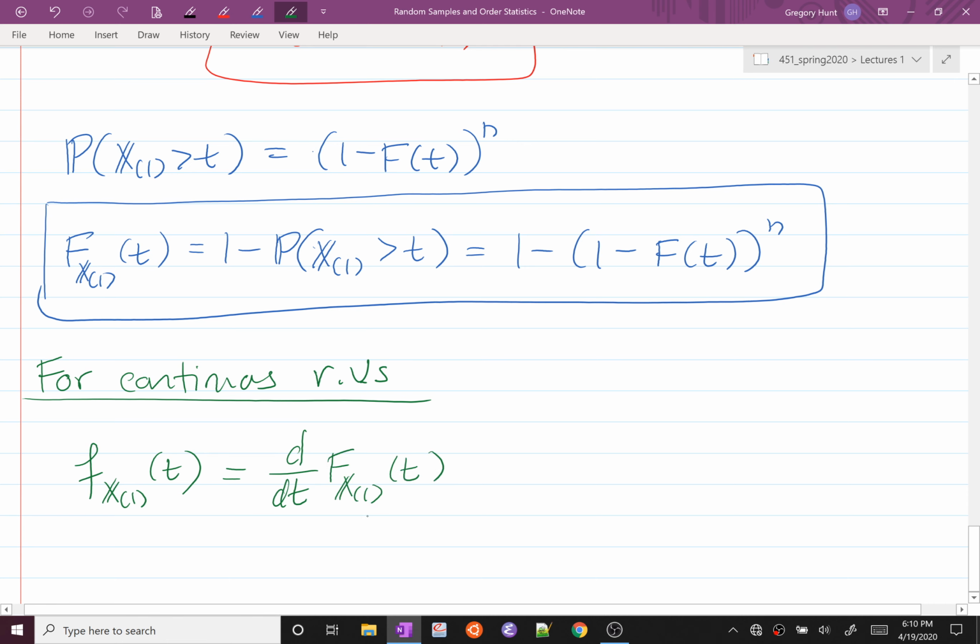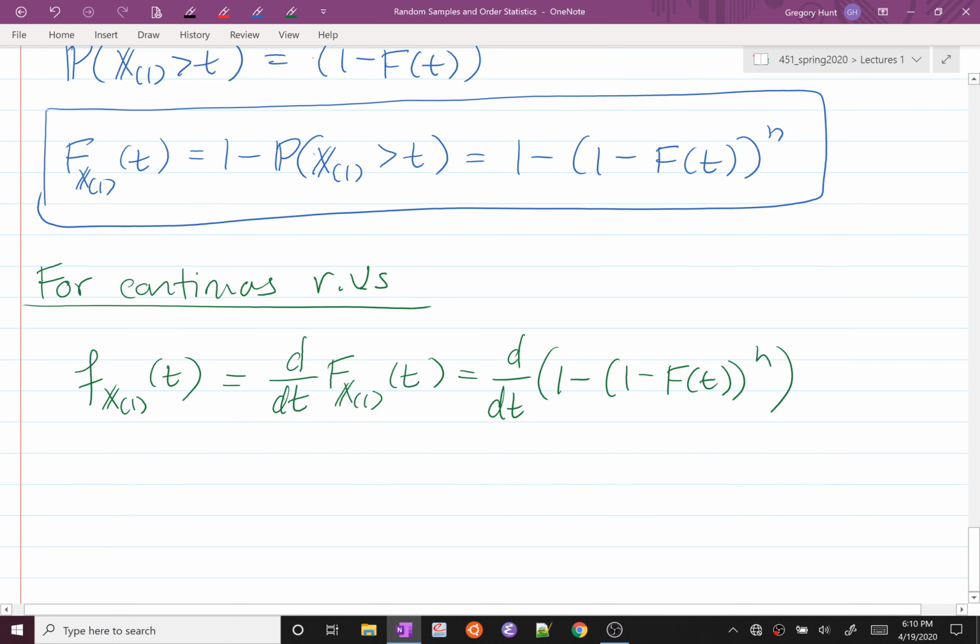That's true for univariate continuous random variables, which the minimum will be, and I have a formula for what the CDF is. It's 1 minus F of t to the n. And now I just have to differentiate this with respect to t.